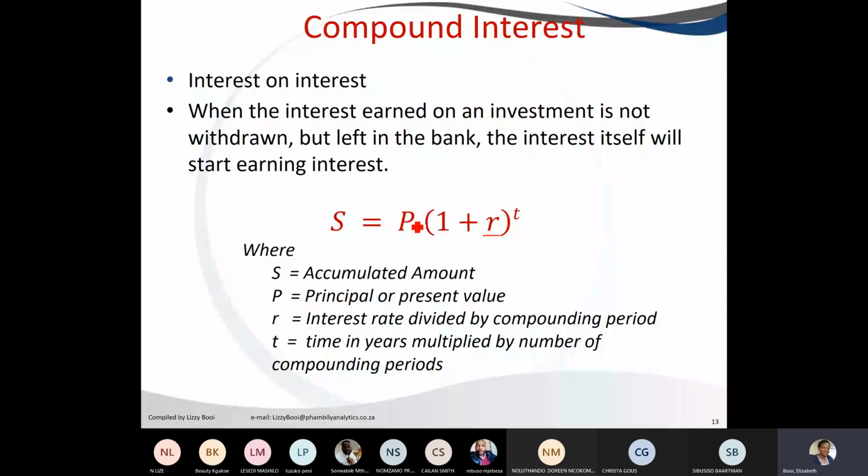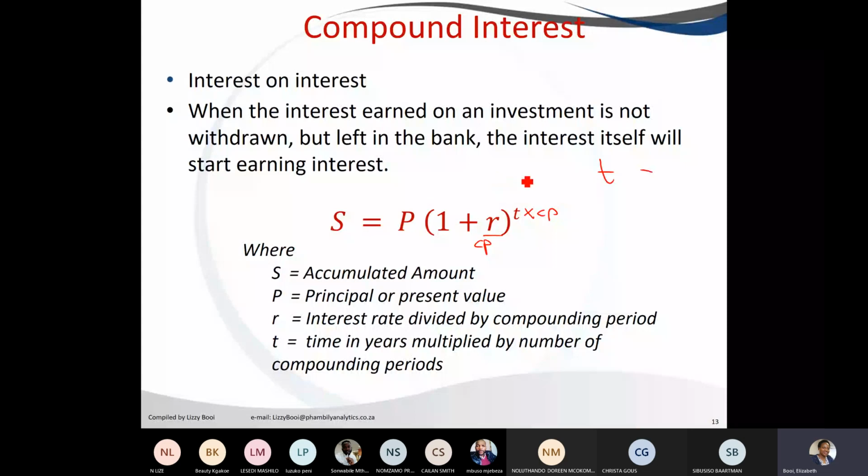What I will suggest is that from outside, you just use T times CP and substitute it back into the formula and not complicate your formula. So don't do this. What you do is you write on the side and say, this will be my R over the compounding period.